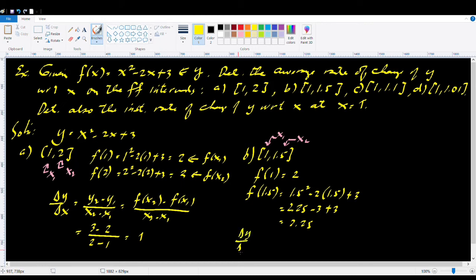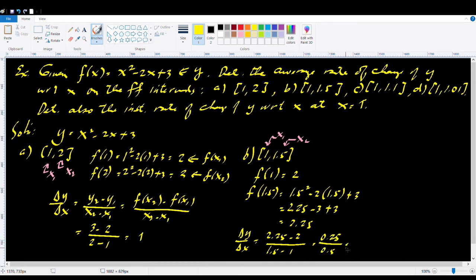Delta y over delta x is f of x2, 2.25, minus f of x1, which is 2, all over 1.5 minus 1. So that gives you 0.25 over 0.5.